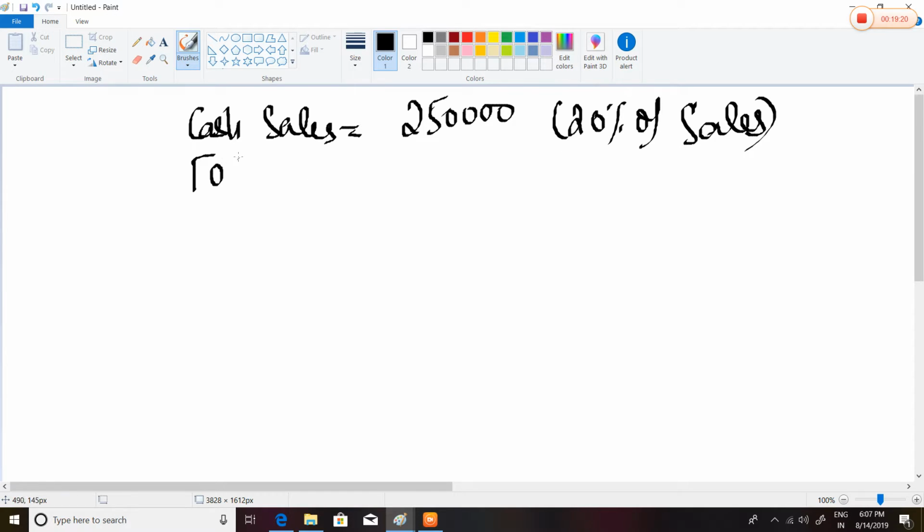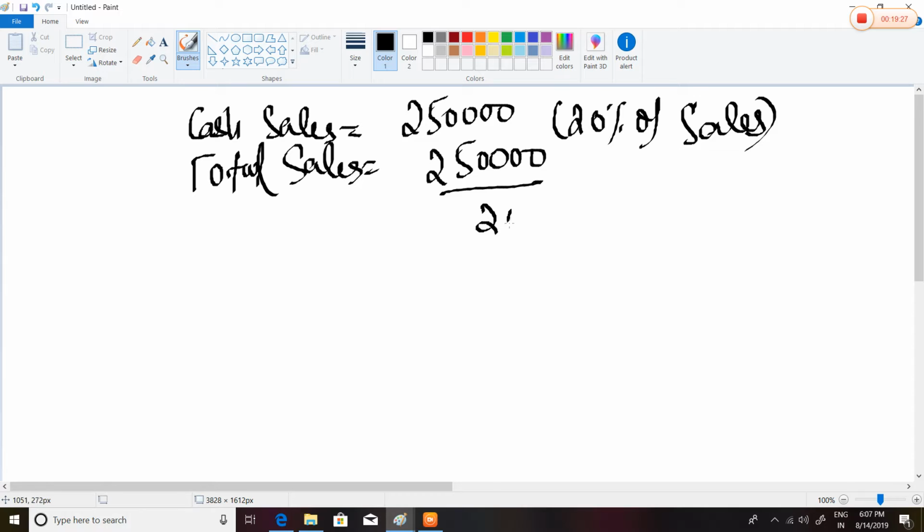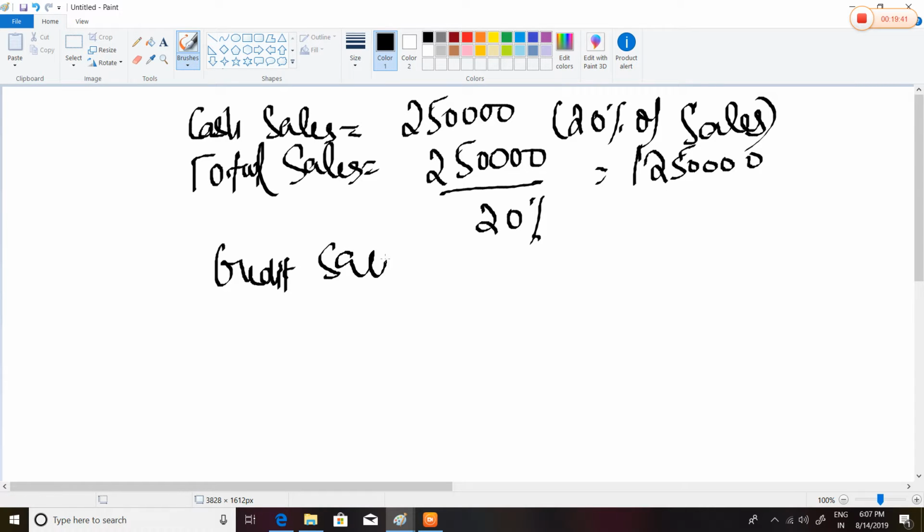Total sales: 2,50,000 divided by 20% comes out to be 12,50,000. That means credit sales: 12,50,000 into 80% comes to 10 lakhs.